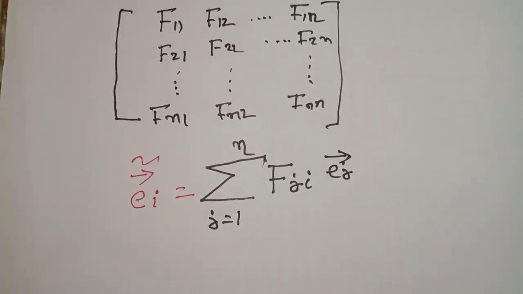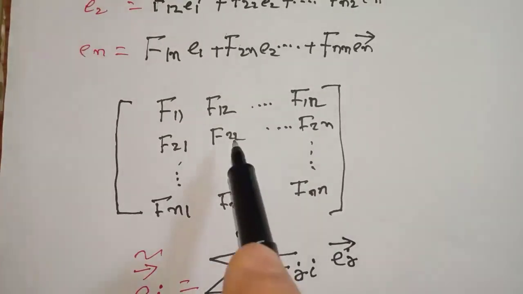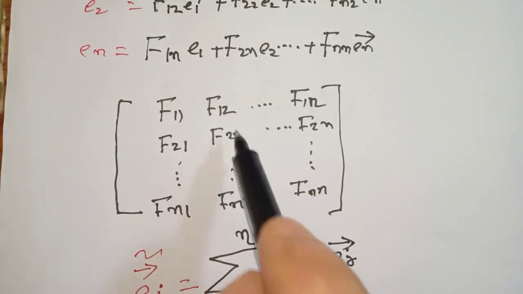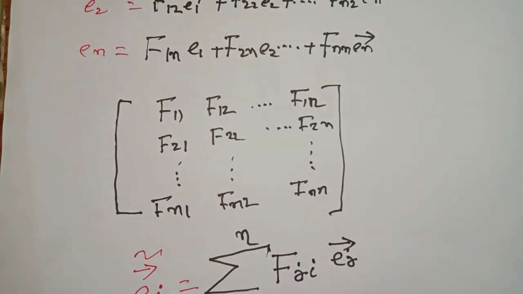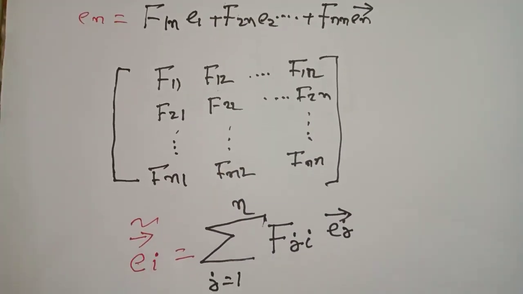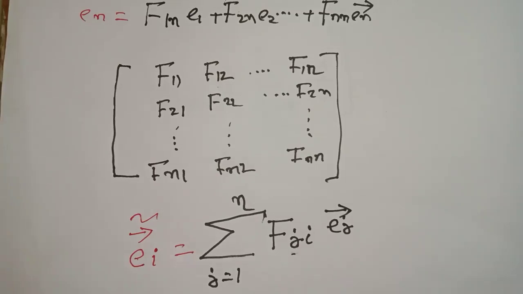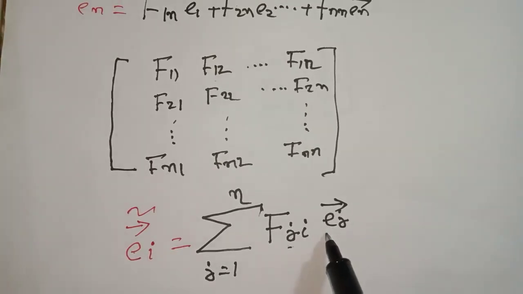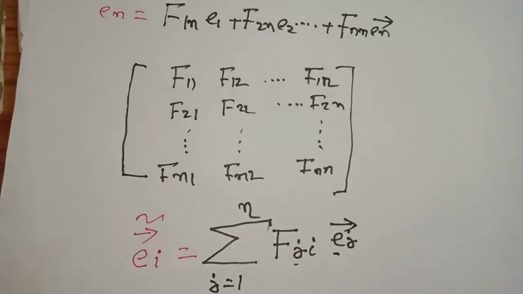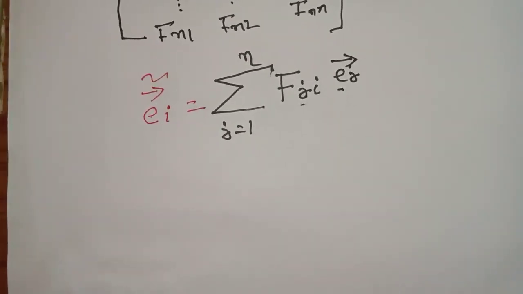So F12 actually tells how much of E1 is in E2. And F_ji tells how much of E_j is in E2, right? So I can just put it across in here.